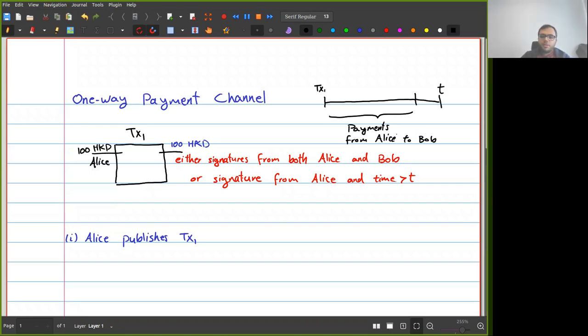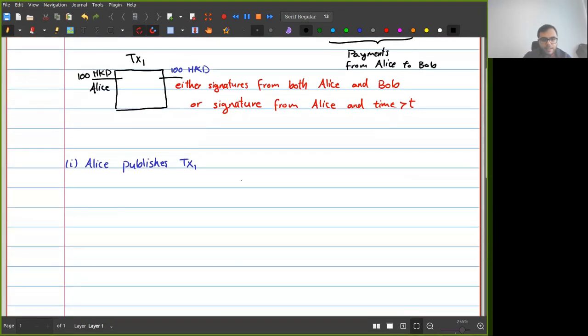So there is a time much after the last payment from Alice to Bob, where Alice can take her money back if Bob does not use it. Then we saw the idea that if Alice wants to pay Bob, she doesn't actually pay Bob on chain. She doesn't create new transactions and publish them. She just creates transactions and gives them to Bob.